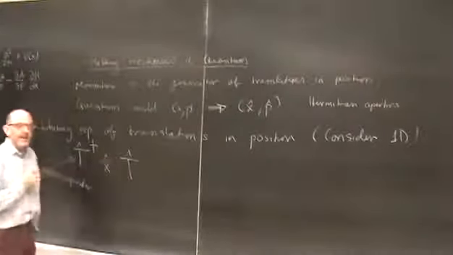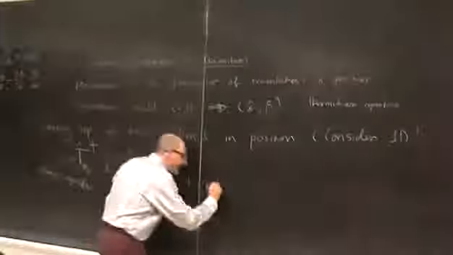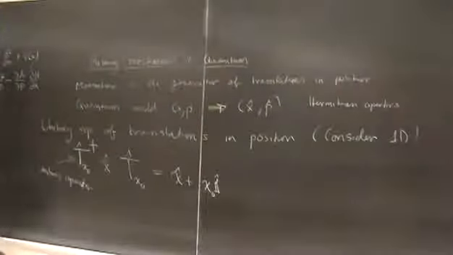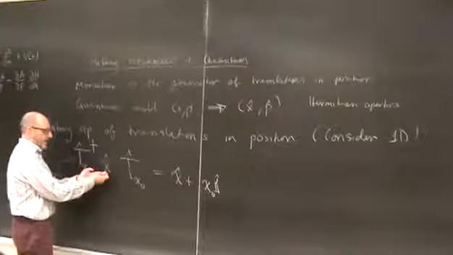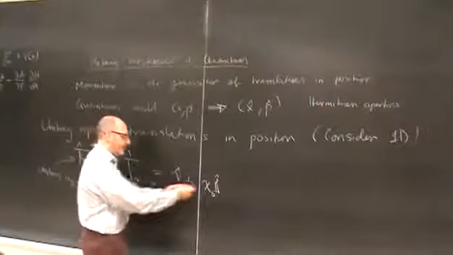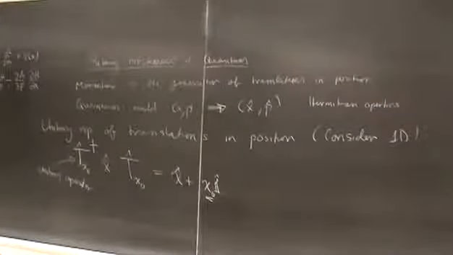If I translate this by some amount, then what I should get is this. And this really means x0 times the identity, but we will write that in typically. So this is saying that on this side, I do a unitary transformation on the position operator, and its action is to translate position by that amount. Okay? Okay, so that's what we want.